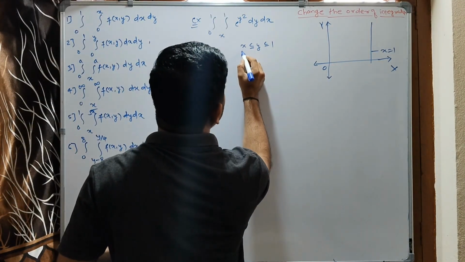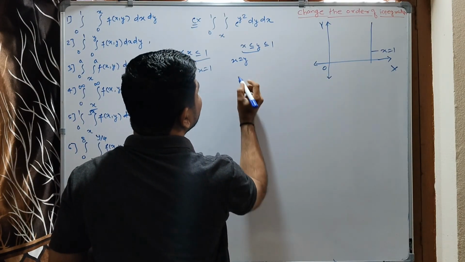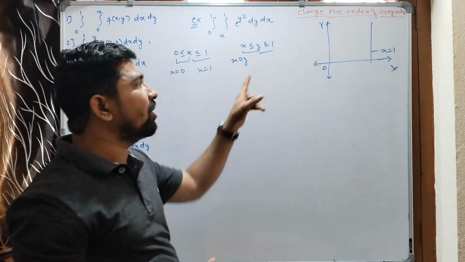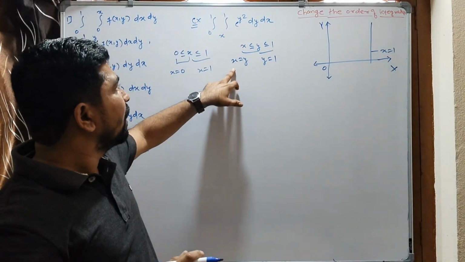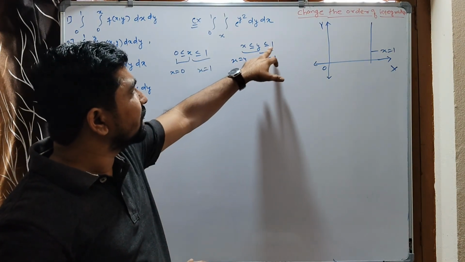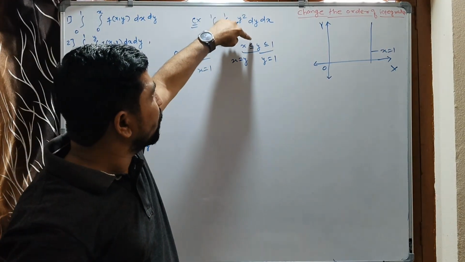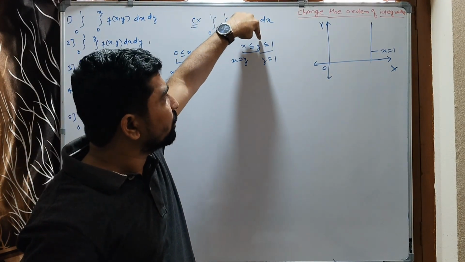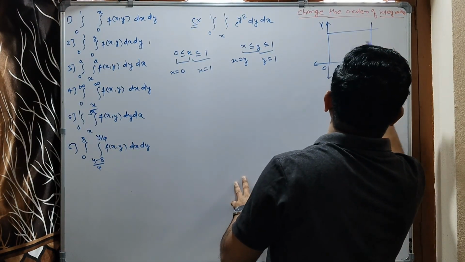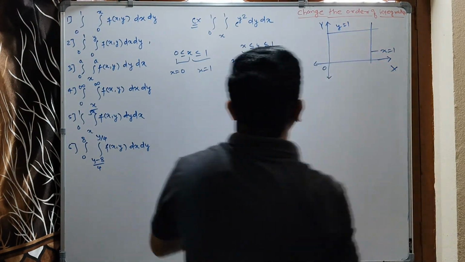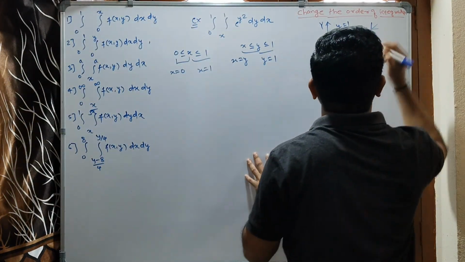At the left end of this closed interval, y equal to x, and at the right end, y equal to 1. So I will draw the line y equal to 1, and here y equal to x, a line passing through the origin.